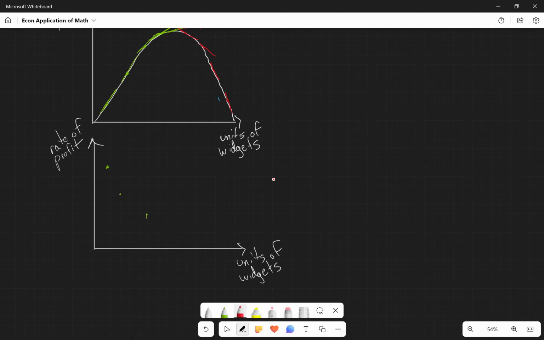And then over here, we start to see a slightly negative slope. And then here we get a more negative slope. And here we get an even more negative slope.